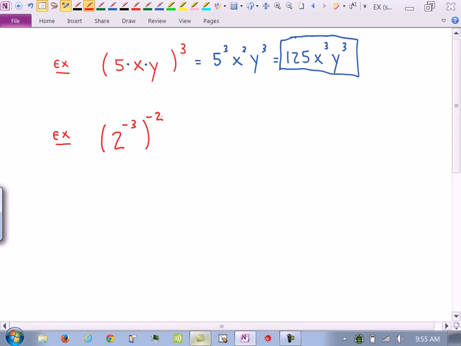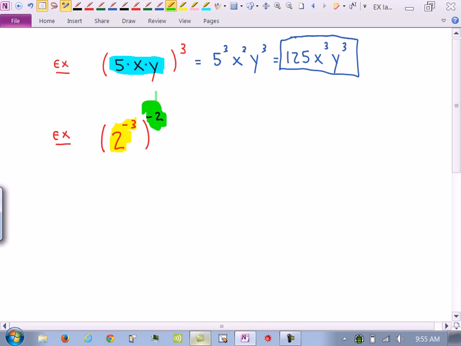Because what do we have inside the parentheses? Is that a product? No, it's a power, isn't it? What's in this parentheses is something raised to a power, as opposed to what we had up here where it was just products, multiplication across. So inside the parentheses is a power, and what are we doing to that power? We are raising it to another power, right?